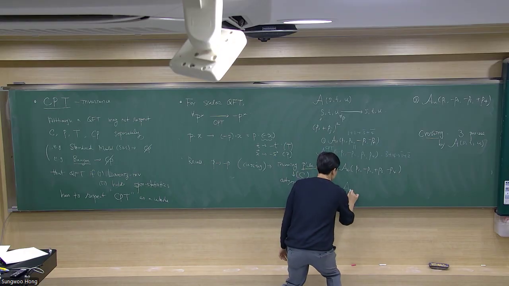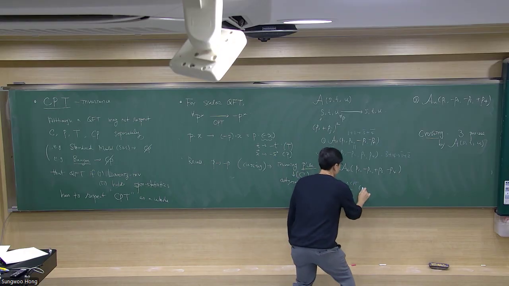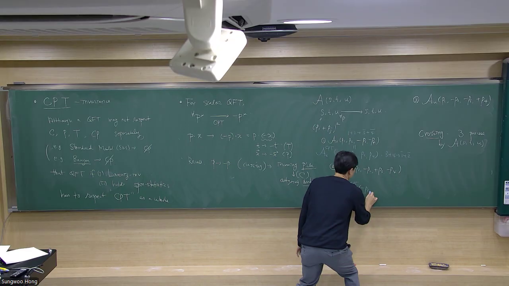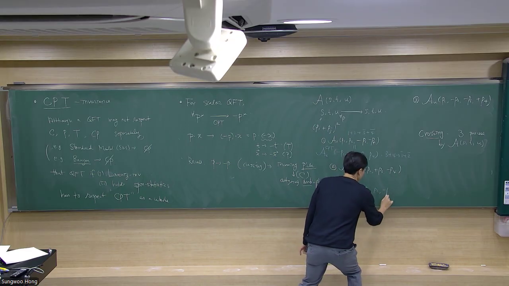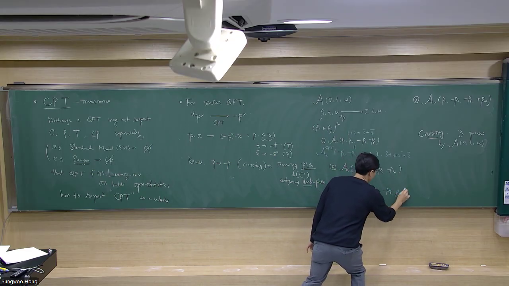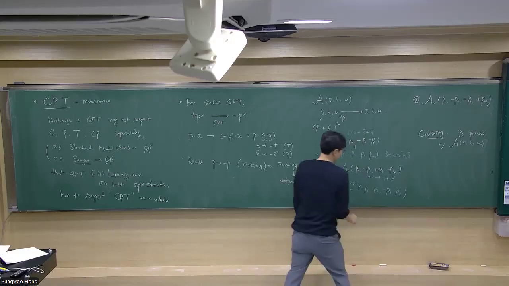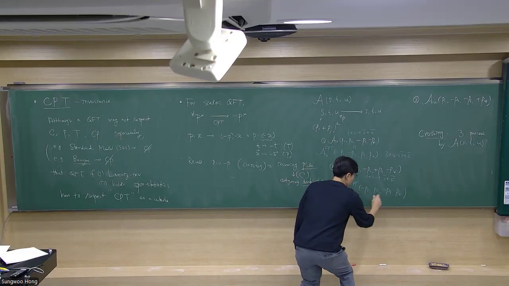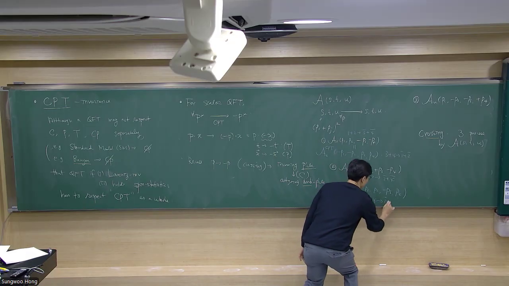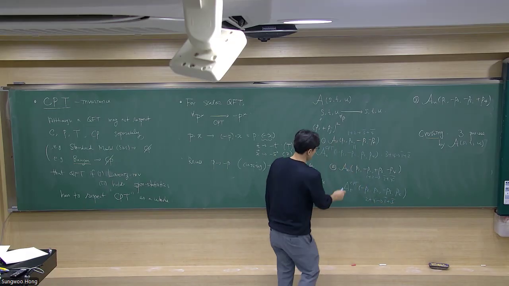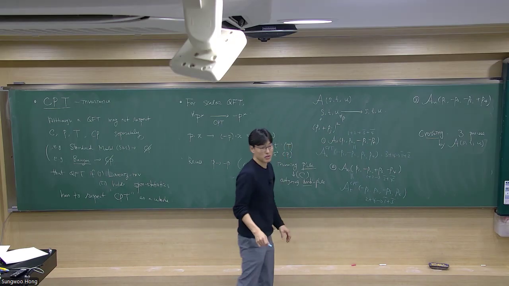What about this? So let's do the CPT. I get minus P1, P2, P3, minus P4. So if this describes 1 plus 3 goes to 2 bar plus 4 bar, this thing describes, looking at the positive side, 2 plus 4 goes to 1 bar, 3 bar. And then CPT invariance says that this has to be the same.